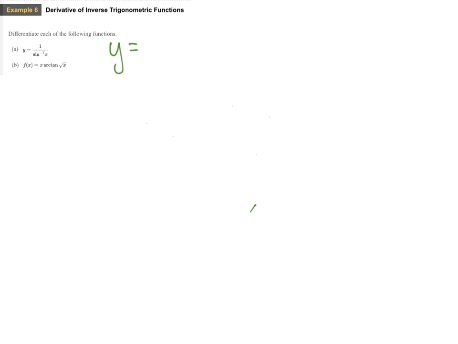It's just 1 on top. So I could rewrite it as sine inverse of x to the negative 1 power. I can bring that up. Now I can do the power rule. It's going to be a power rule and chain rule thing, but it beats the dog out of a quotient rule. It really does.